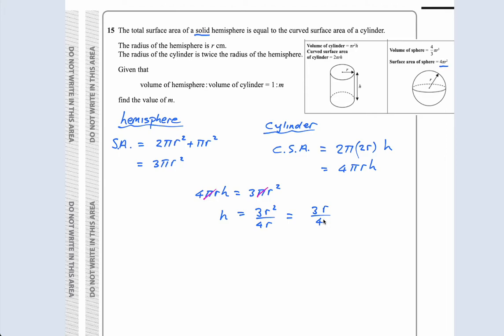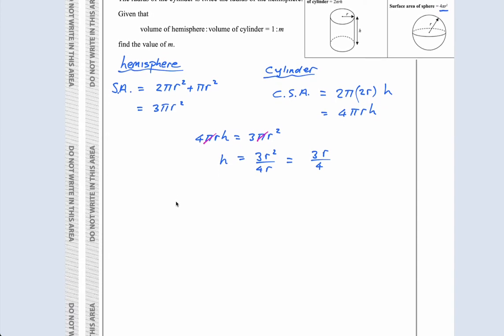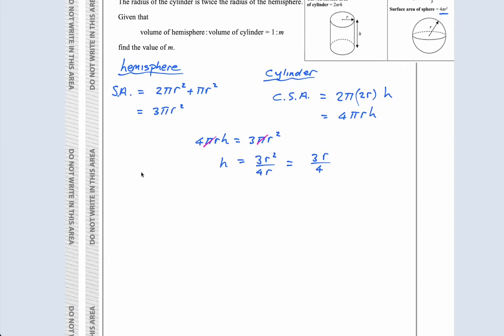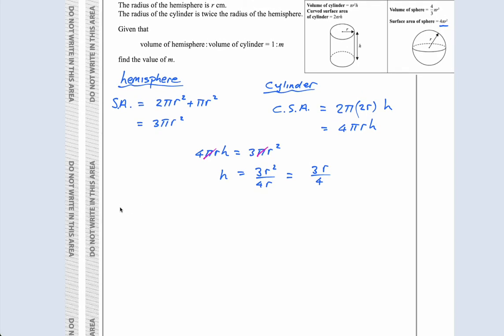Okay, then it says the ratio of the volume of the hemisphere to the volume of the cylinder is 1 to m. Find the value of m. Okay, so for the hemisphere, I'm going to continue down here. Hemisphere, the volume of a sphere is 4 over 3 pi r cubed.